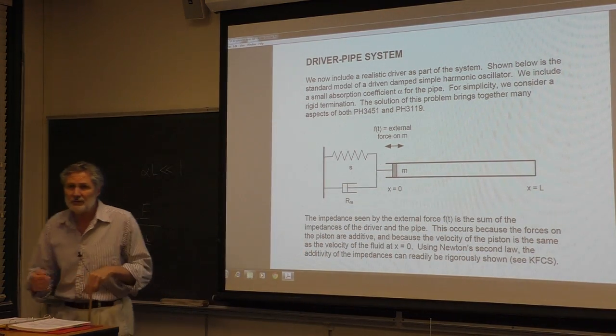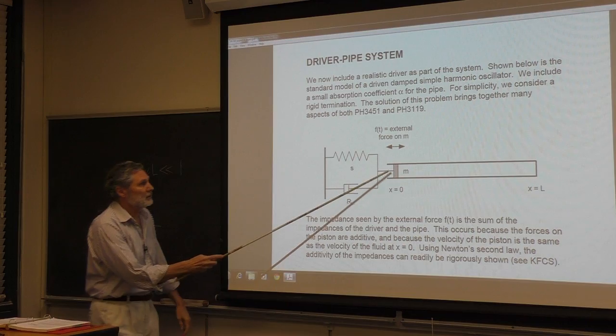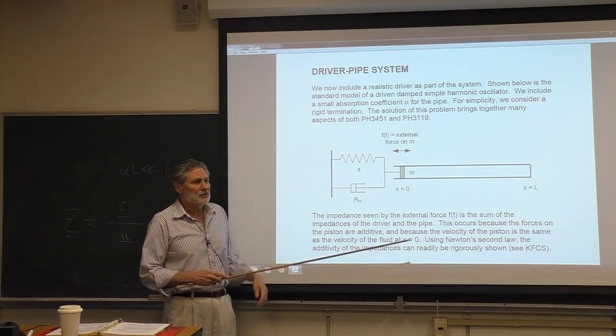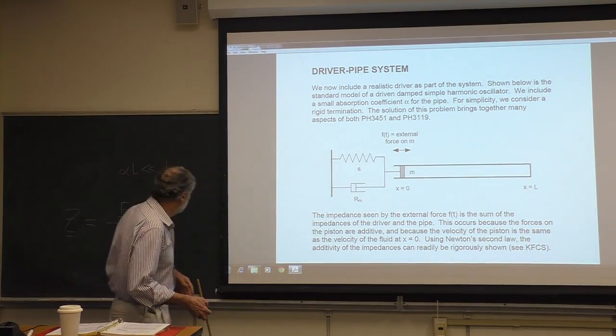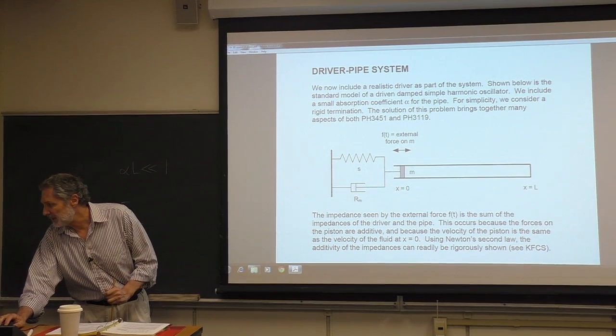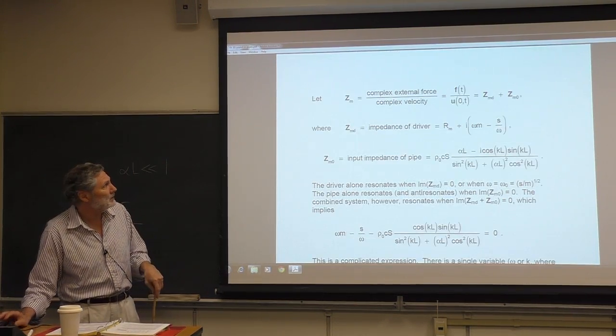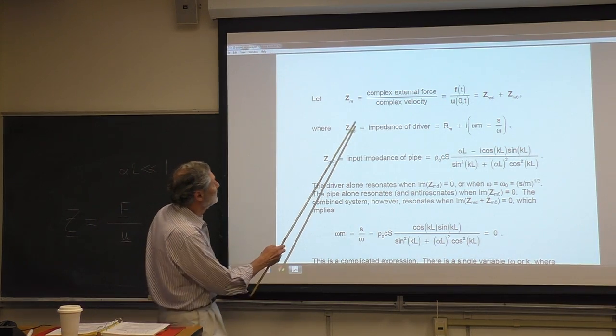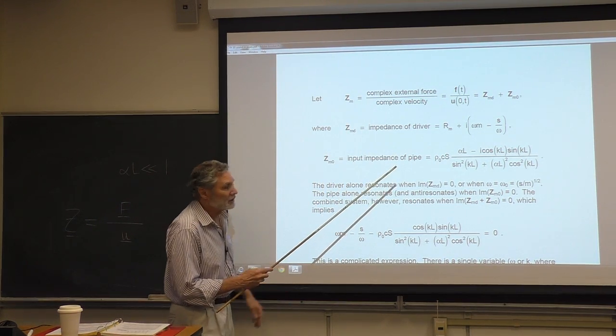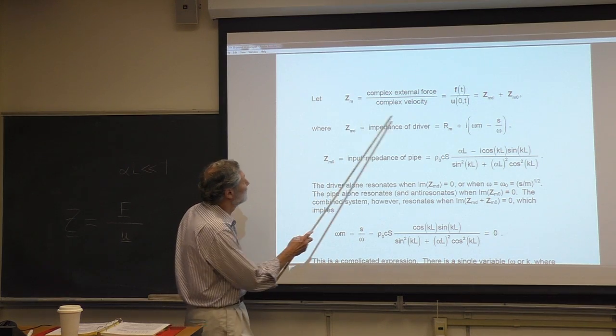Basically you apply Newton's second law to this mass, and then you beat on it, and eventually you can cast it in this very simple form. This is the main reason people use impedance, or at least one of the reasons.